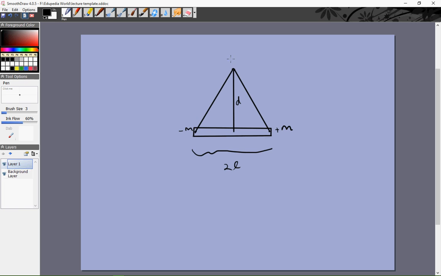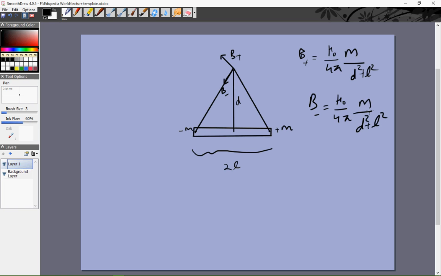The magnetic field due to positive M will be in this direction, and its magnitude B plus will be mu naught by 4 pi, m by r squared, but r squared in this case is d squared plus L squared. This is B plus. This will be B minus. B minus is equal to mu naught by 4 pi, m by d squared plus L squared again.